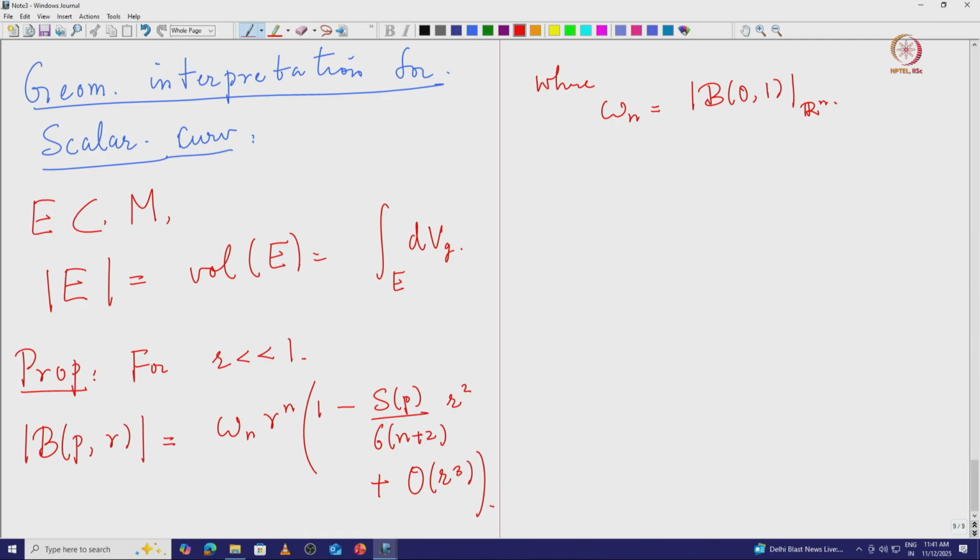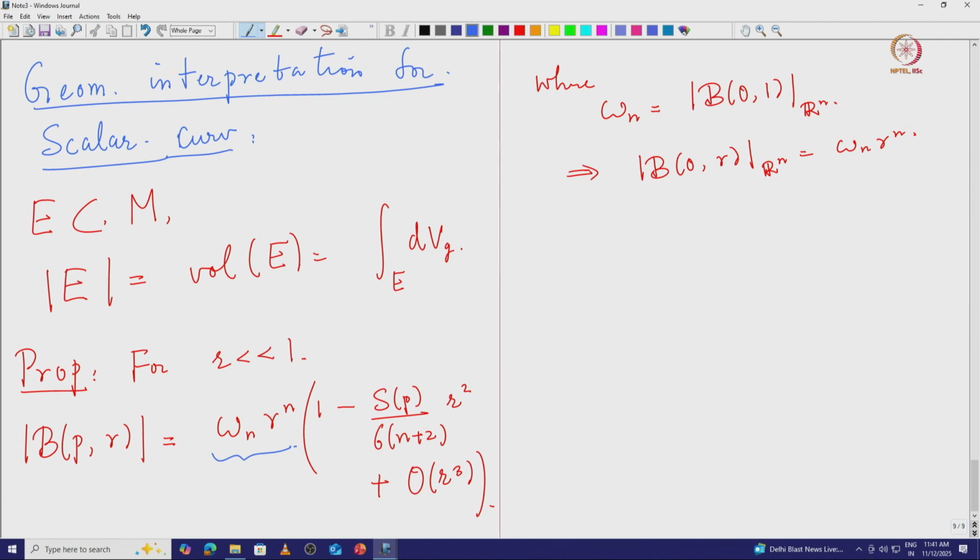So for instance, this implies that if you take the volume of the ball of radius r in Euclidean space, that is going to be omega n r to the n. So that is the leading term here, and the scalar curvature measures the discrepancy of the volume of this geodesic ball from the corresponding Euclidean ball of radius r.